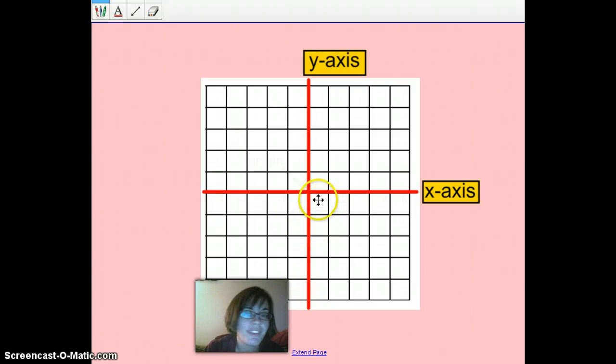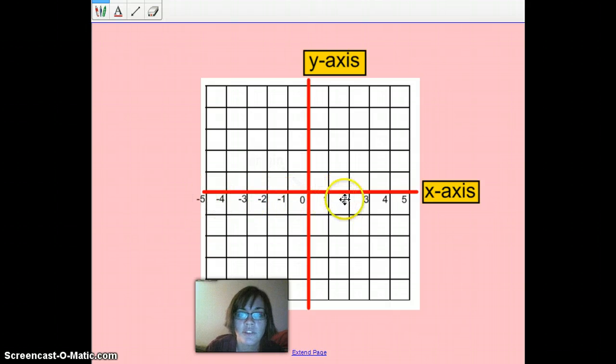Okay, now when you number them, you're not numbering the spaces, you're numbering the lines. That's how you plot points. So 0 is actually going to be here in the very center, okay? And as you go to the right, your numbers are going to get positive, and as you go to the left, your numbers are going to be less than 0, which makes them negative numbers.